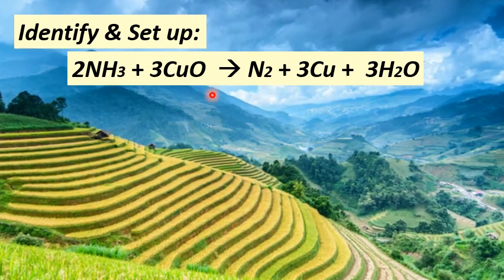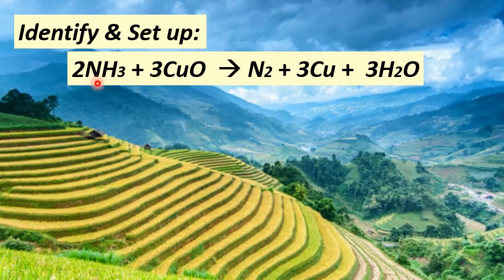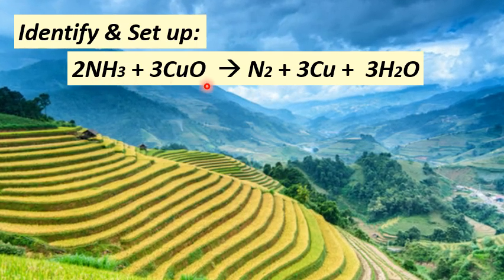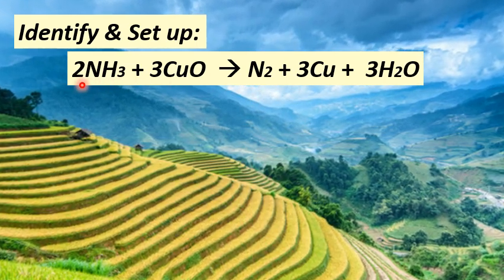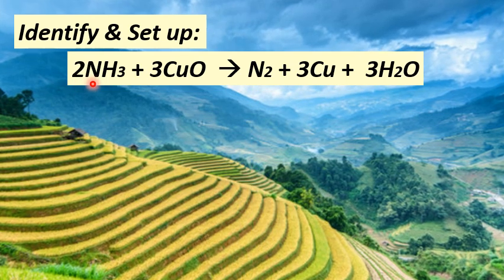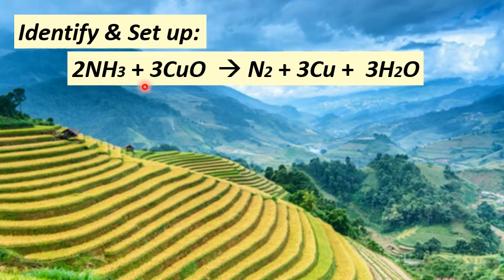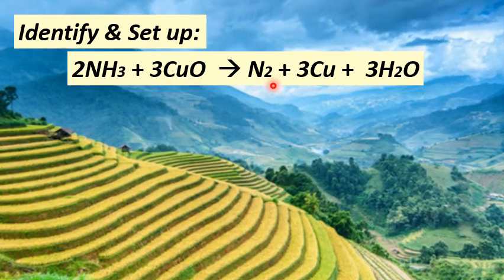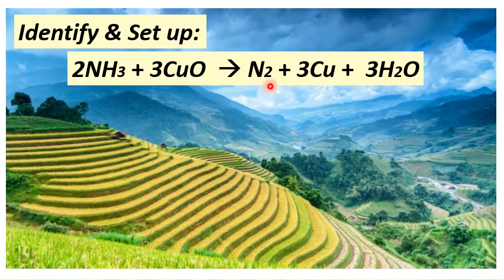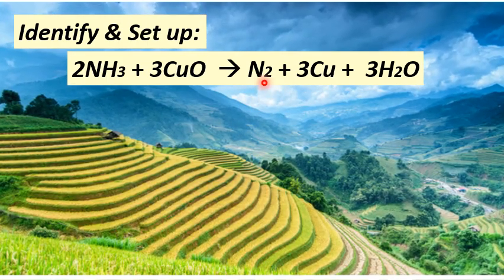Here in this equation, there are 2 atoms of nitrogen on the reactant side, and that's also true for the product side. There are 2 nitrogen atoms.